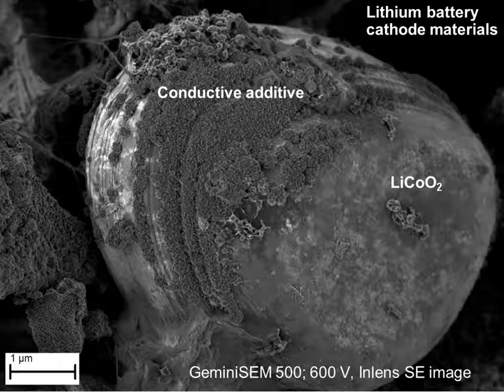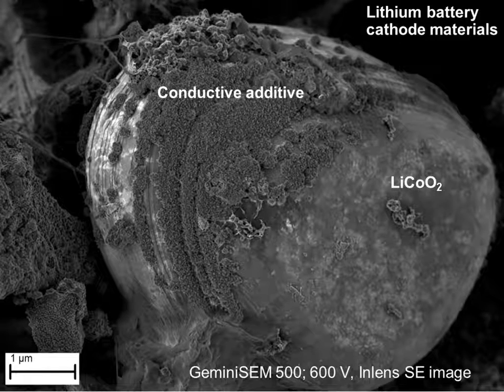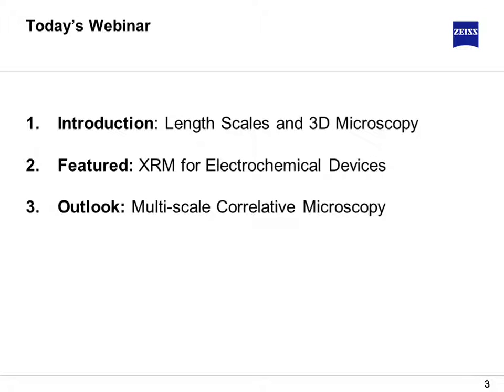This is one individual cathode particle within presumably a large electrochemical device, a battery that you hold in your hand or is in your car or in your laptop. And so we'll look at strategies of how we make sense of this combined multi-scale challenge and how we begin to overcome that.